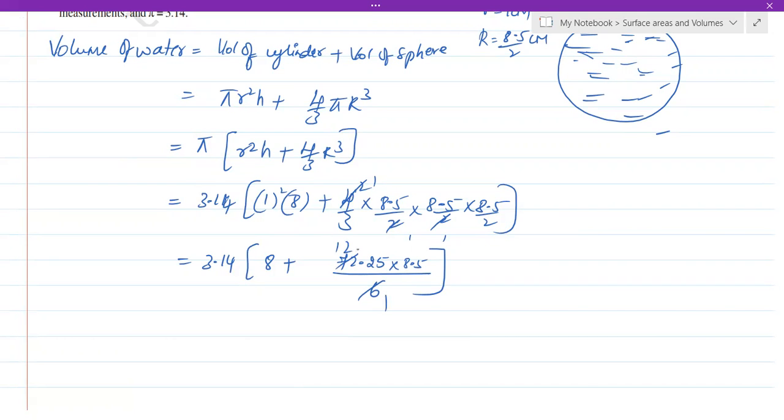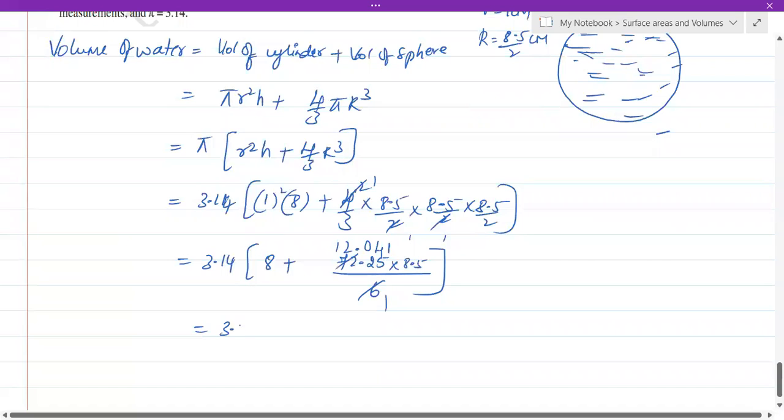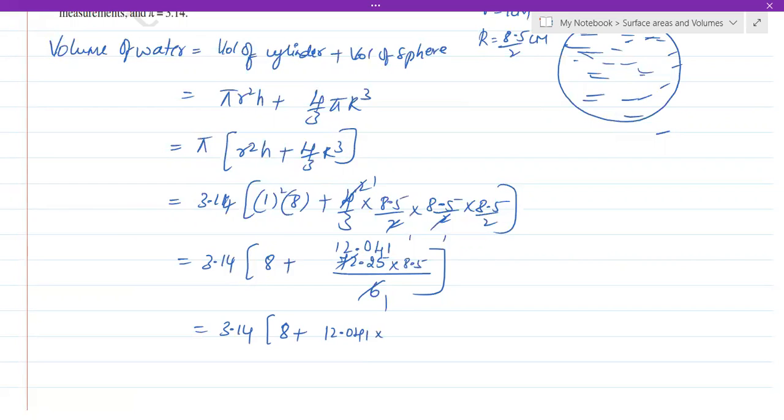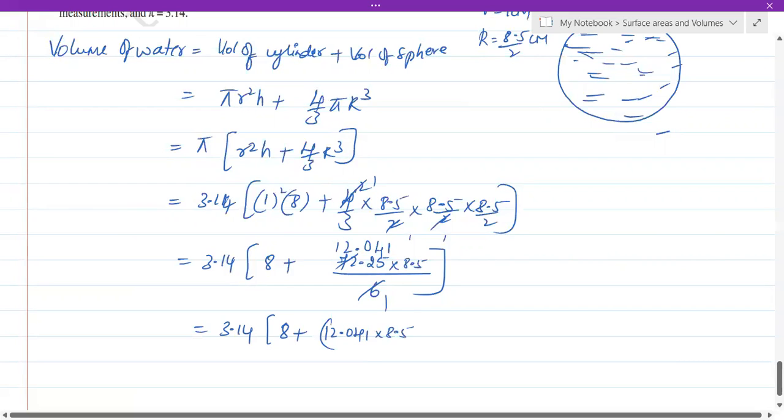The point as it is, you cannot divide it directly, so you take a 0 and you take 2 digits. 6 fours are 24, 1 carry, 6 ones are 6, so it is roughly around 12.041. So 3.14 into 8 plus 12.041 into 8.5. So multiply these two things.